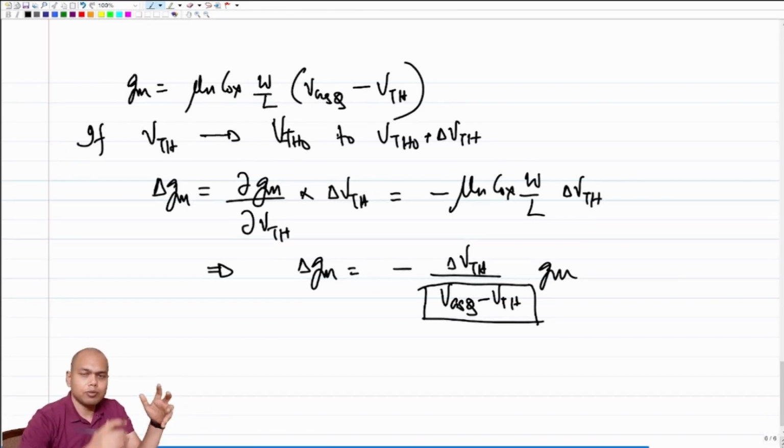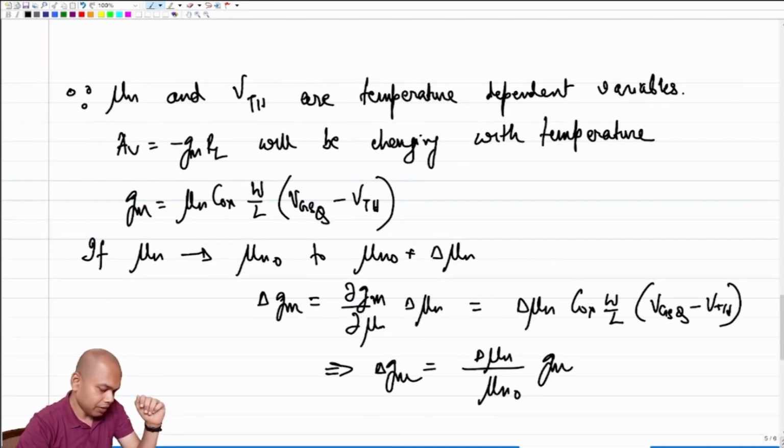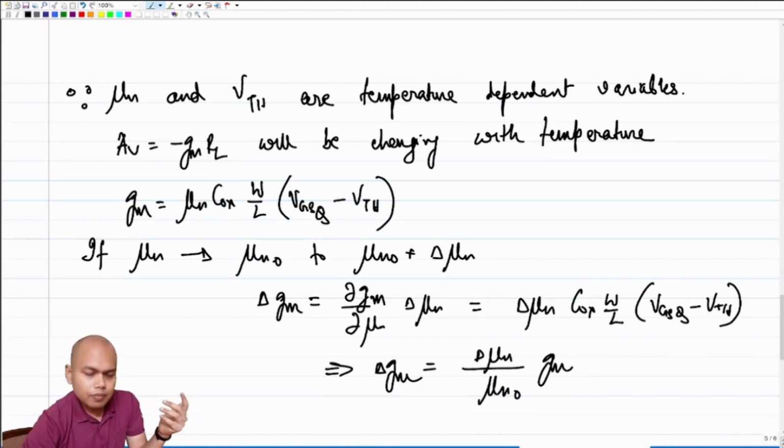Because you would also want to ensure that the quiescent voltage of the drain is not very close to the overdrive of the transistor, otherwise you will lose the available signal swing. So there is a trade-off. But what can I do to reduce the change in Gm because of change in mobility? Seems like we cannot do anything, because mu n 0 is not in your control.